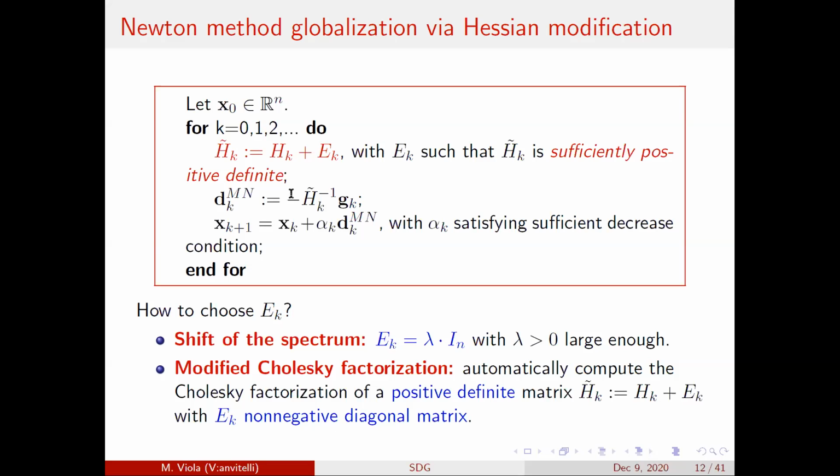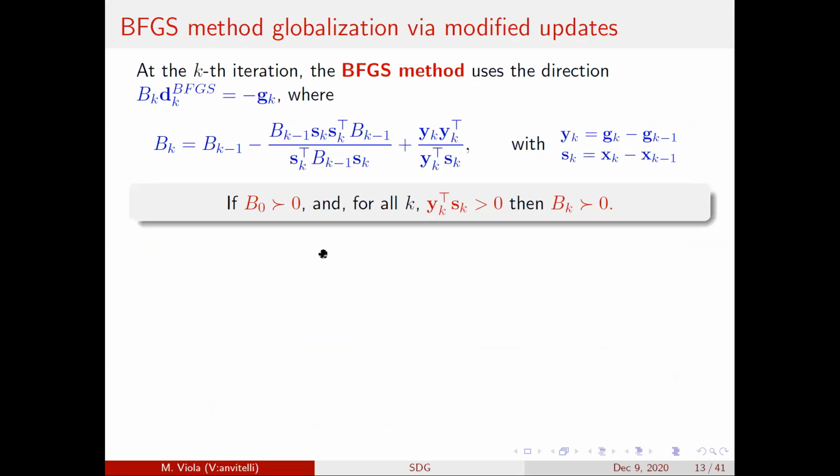What happens, for example, if you go to quasi-Newton methods where you do not have the matrix? For example, in the BFGS method, there are a couple of interesting strategies devised in the early 2000s. Just to understand what happens with the BFGS method, everybody knows it. At each step, you approximate the Newton system with a second system, where Bk is an approximation of the Hessian, and it's computed iteratively like this, where y and s are respectively the difference of the gradients and the difference of the iterates.